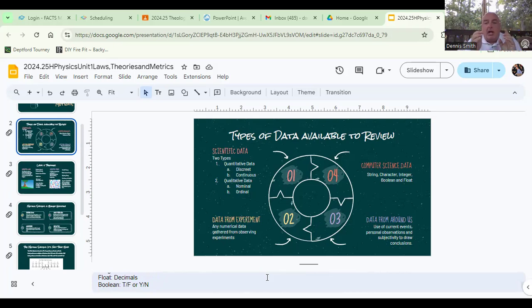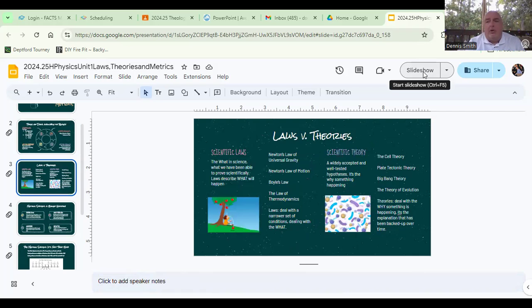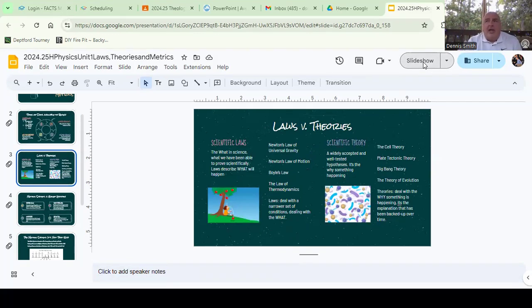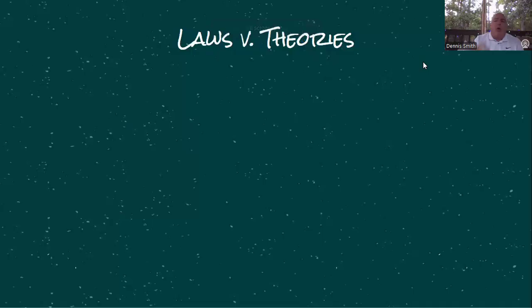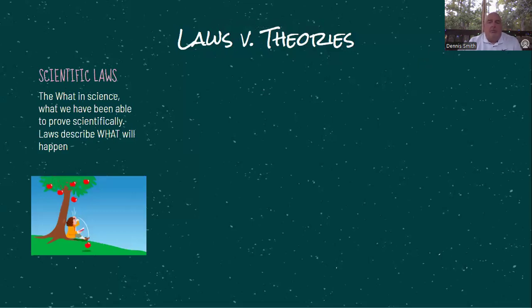We have the integer, which is all the whole numbers, the float, which is the decimals, and then the Boolean, which is usually one character, either T or F or Y or N. So that's the data that's available and what we know in terms of that. And we'll talk more about data, why it's important, and how to get it, as we get more into this unit.